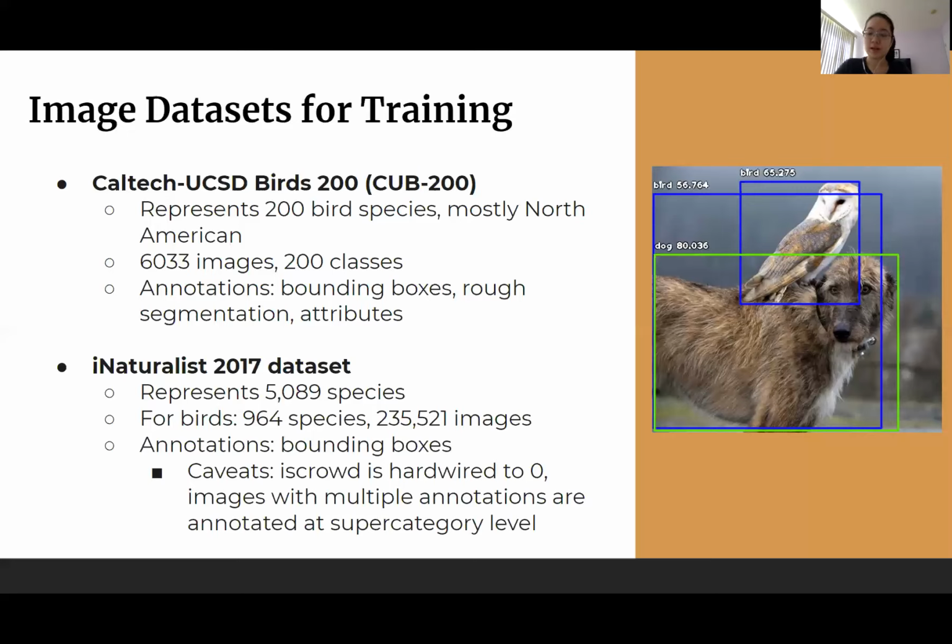We had to deal with missing images, bad bounding boxes, is crowd being hardwired to 0, and multiple annotations being annotated at a super category level. And we also have about 17% of the images having more than one bird in it, which means that we needed to change the TF record generator scripts to take that into account to make sure that the model doesn't get confused.